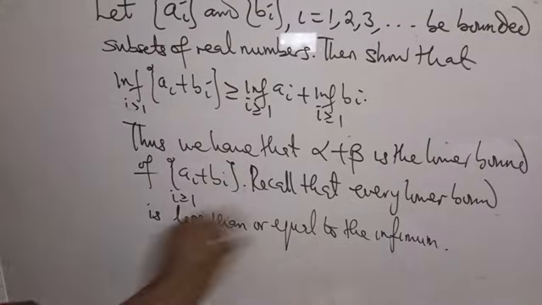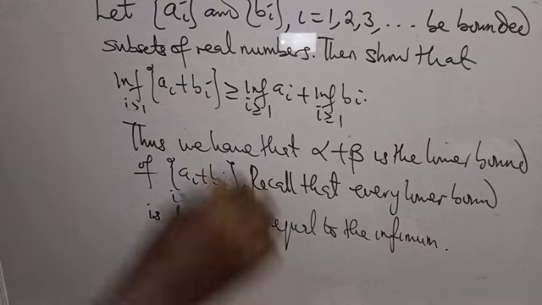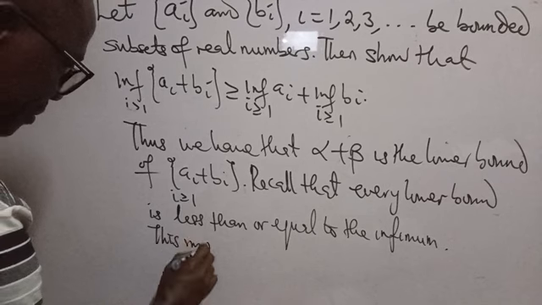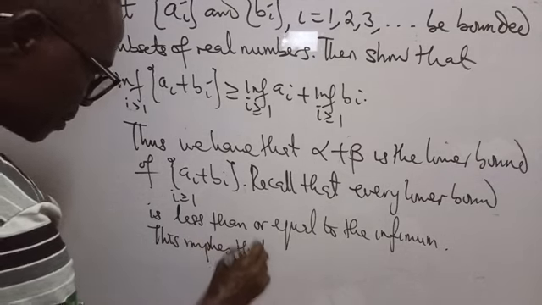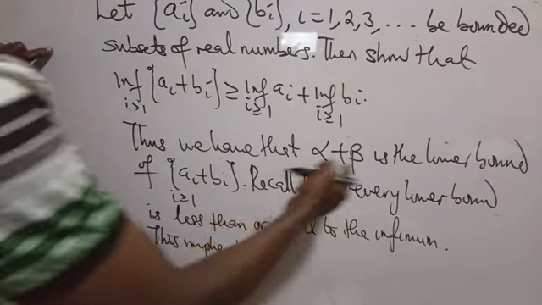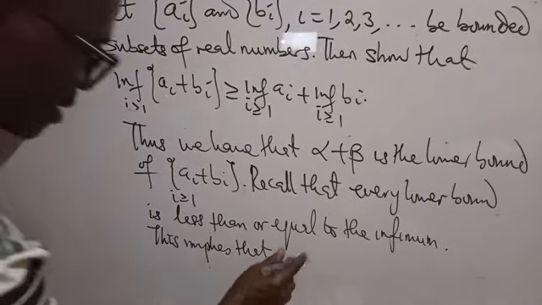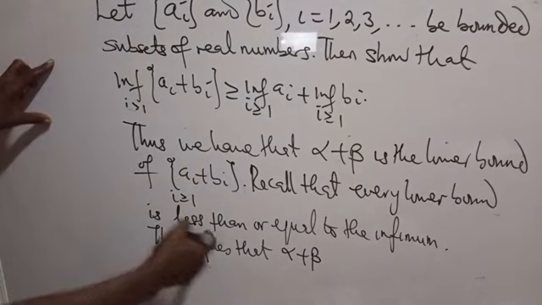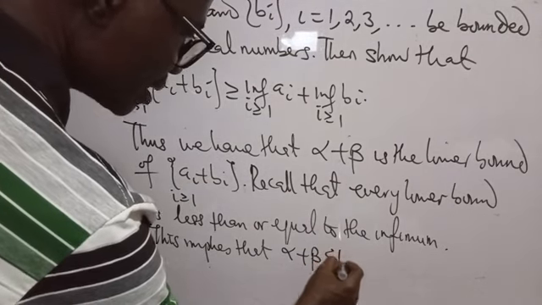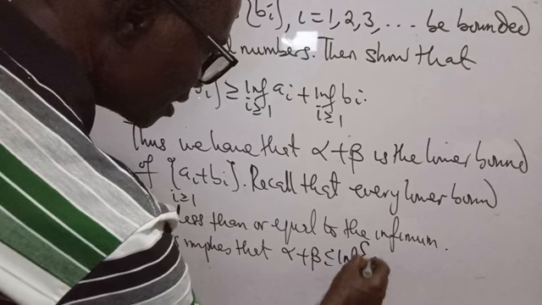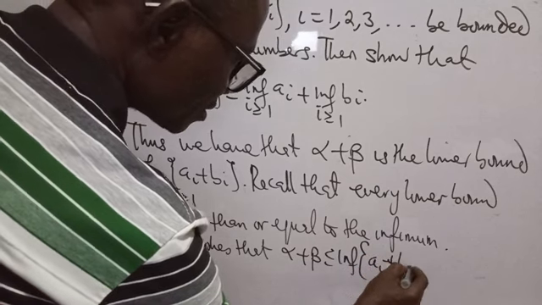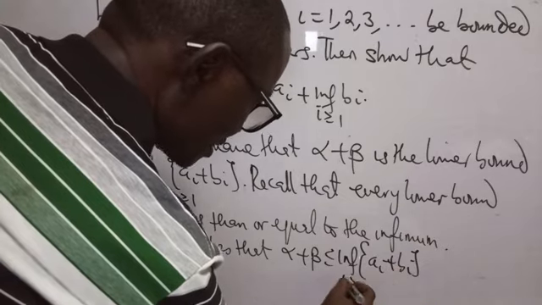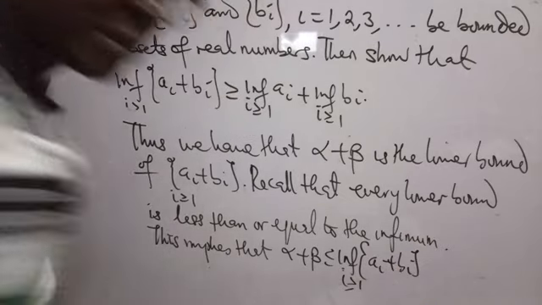So every lower bound must be less than or equal to it. This implies that since alpha plus beta is a lower bound, alpha plus beta is less than or equal to the infimum of A_i plus B_i, with i greater than or equal to 1.